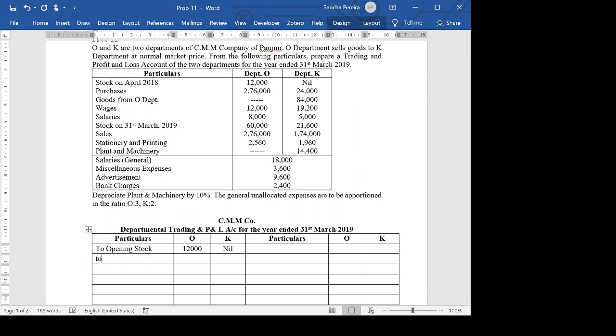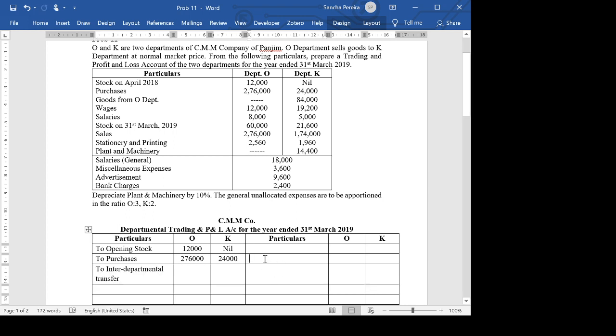Then we have the purchases, two purchases, which is 2,76,000 and 24,000. Then you have the interdepartmental transfer, goods from O department. That is, O is sending to K and K is receiving from O. So we have two interdepartmental transfer, and similarly we will have by interdepartmental transfer.